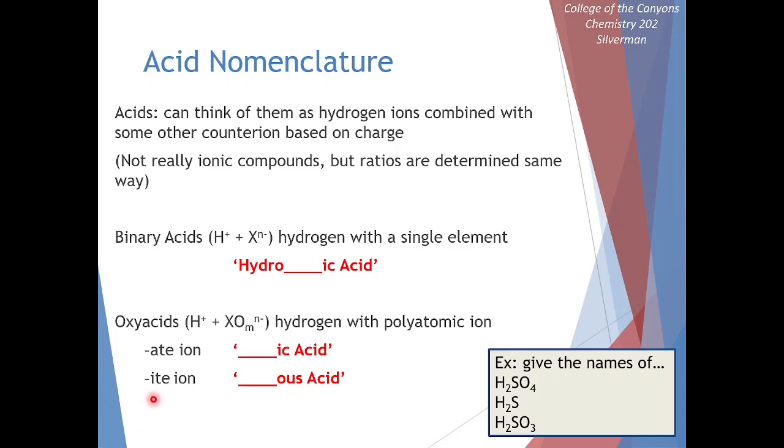Alternatively, if the polyatomic ion name ends in ite, we can call this ous acid. Here, sulfite can form sulfurous acid. Notably, we have no indication of how many H's are needed. We know that because we know the charges. We can just say sulfuric acid, and we'll know that there are exactly 2 hydrogens because sulfate has a -2 charge.